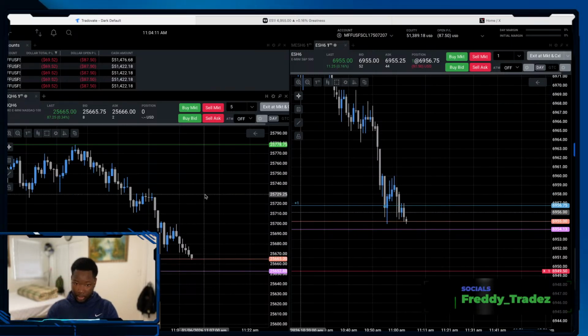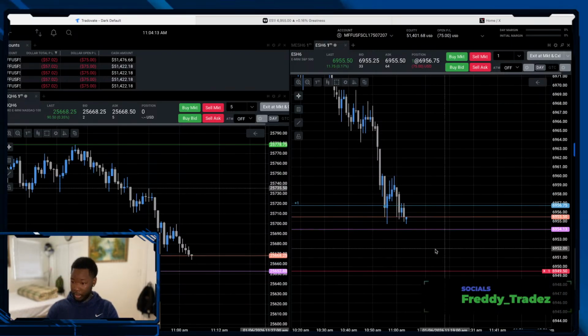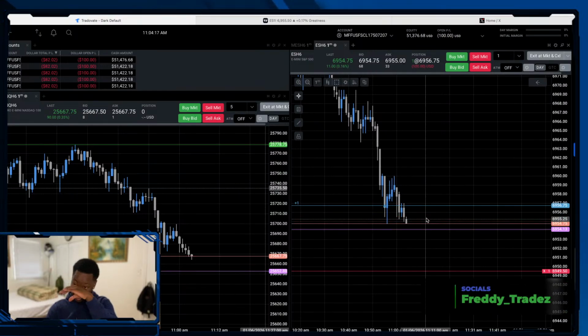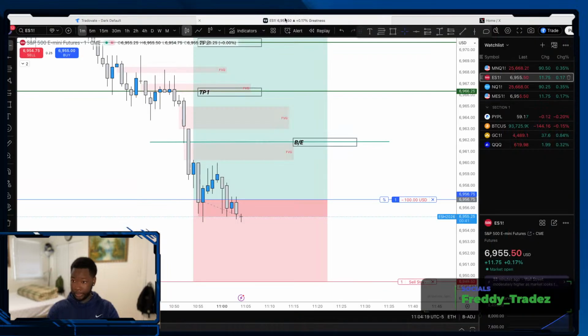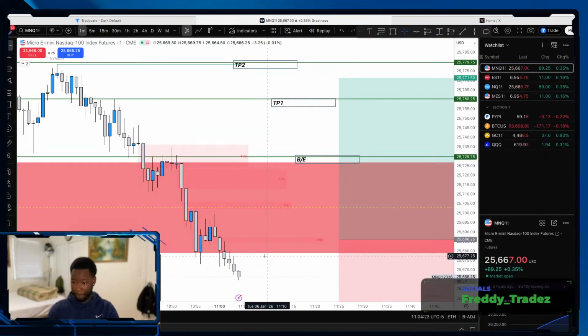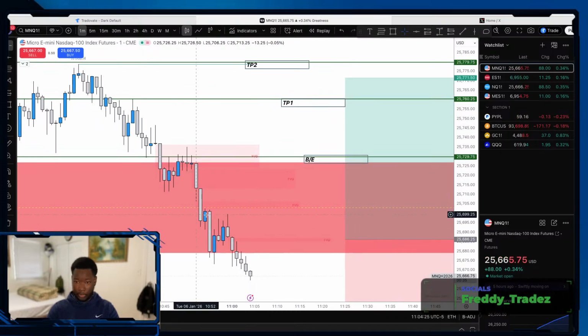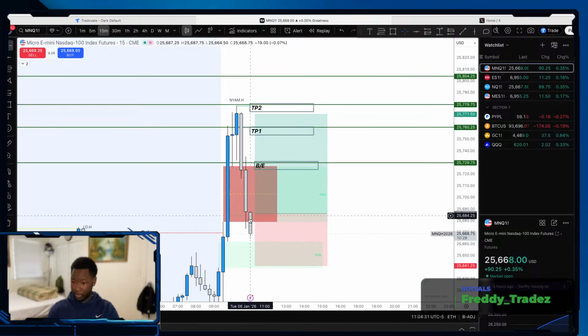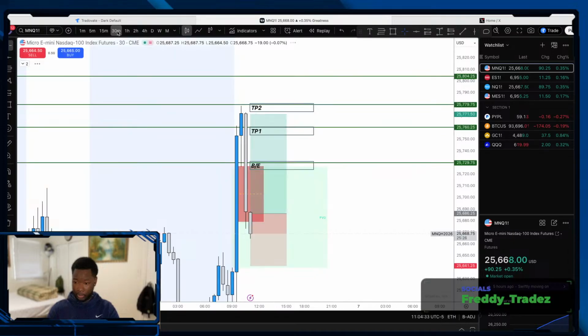Looks like NQ was way weaker, so we did the right thing choosing ES, choosing to go long on ES. See what NQ is doing. Yeah, NQ completely pushed through this 15 minute gap, and there's a lower 15 minute gap here on NQ. Might tap into that.